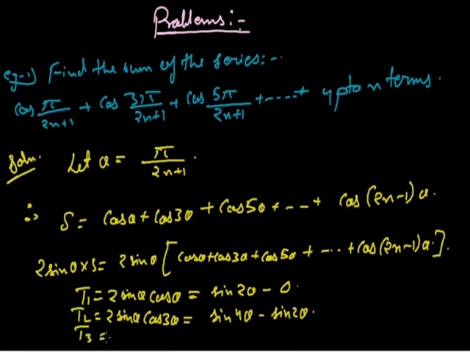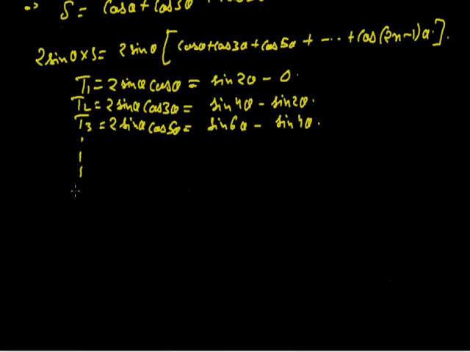T3, which is 2 sin theta cos 5 theta, can be written as sin 6 theta minus sin 4 theta, and so on. Therefore, Tn is sin 2n theta minus sin (2n minus 1) theta.